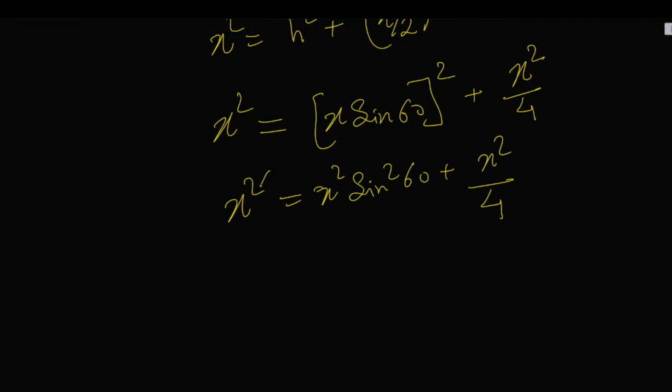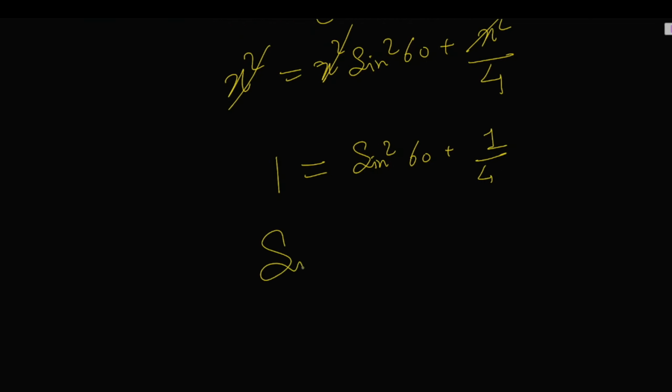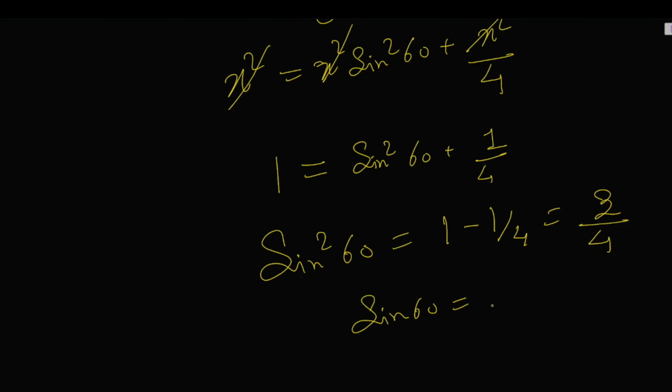I divide by x square from both the sides. So that means 1 is equal to sine square 60 plus 1 by 4, or I can say sine square 60 is equal to 1 minus 1 by 4, which is equal to 3 by 4. That means sine 60 would be equal to plus minus root 3 by 2, right?